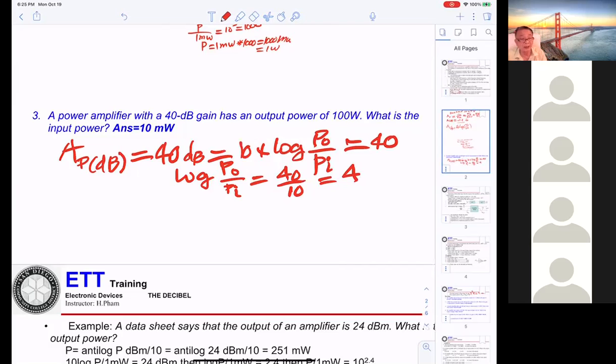Now remove the log. You get P out over P in equal 10 to the power 4. Yes, equal 10,000. Right?